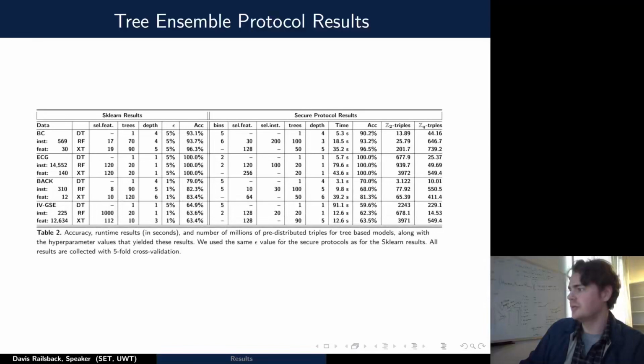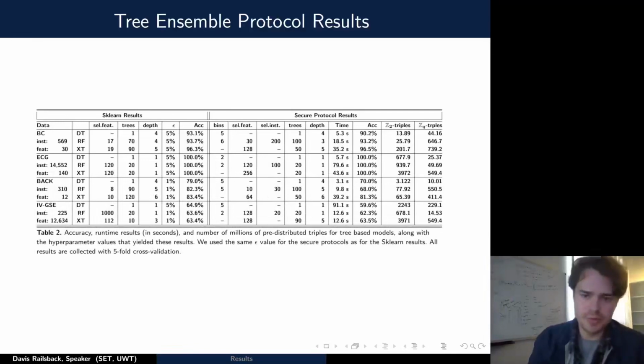These values can be tuned, such as the number of bins that are used or the number of trees that are used, to increase that accuracy. But you can see here that the execution time for any of these is still measured in seconds, and with data set sizes of 15,000 or so features, it's pretty clear that this is extensible to real size data sets.